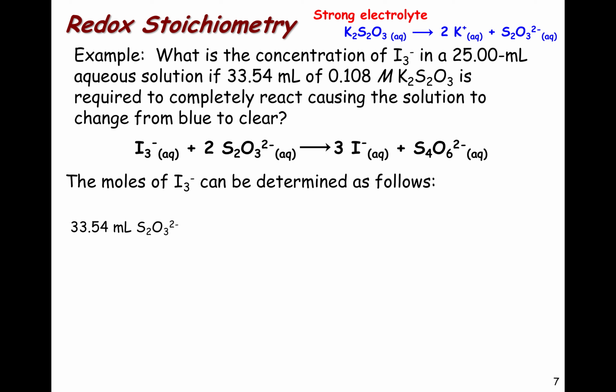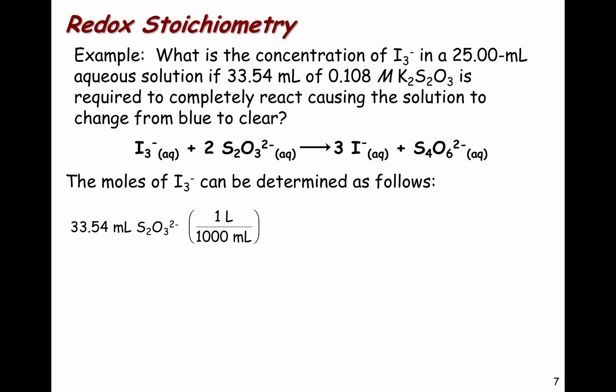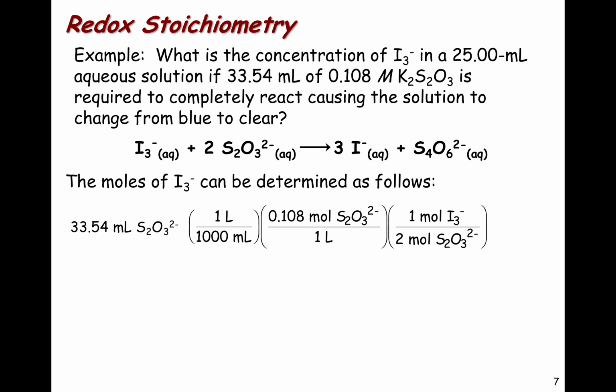And so in this particular case, the stoichiometry between K2S2O3 and the thiosulfate ion S2O3 2 minus is 1 to 1. So we convert that into liters and then use the molarity to determine the number of moles of the S2O3 2 minus ion.